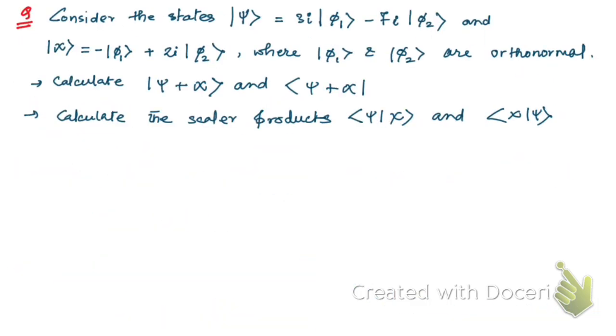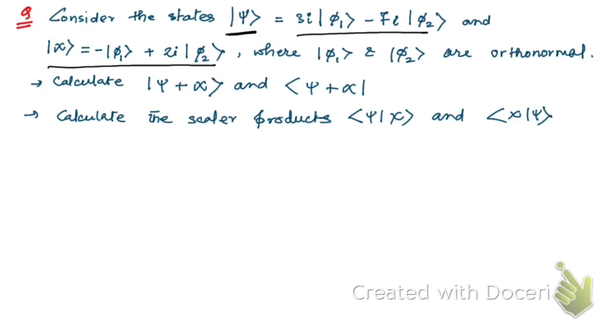Here you see the state vectors are given. Ket phi is given by this, then ket chi is given by this. We need to calculate these two.